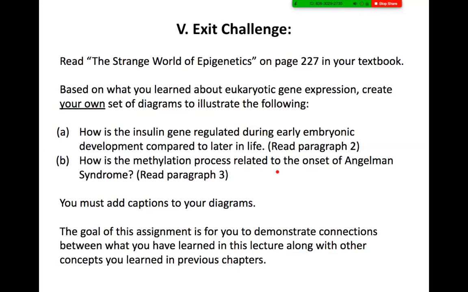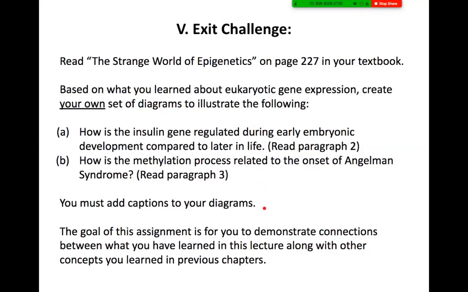The second scenario I would like you to make a diagram for is how the methylation process is related to the onset of Angelman syndrome, which you learned during chapter 10, if you remember. One of the things you learned is about genomic imprinting. So this is where it comes back again. But now with the added knowledge of how the methylation process occurs, I want you to add captions to your diagram.